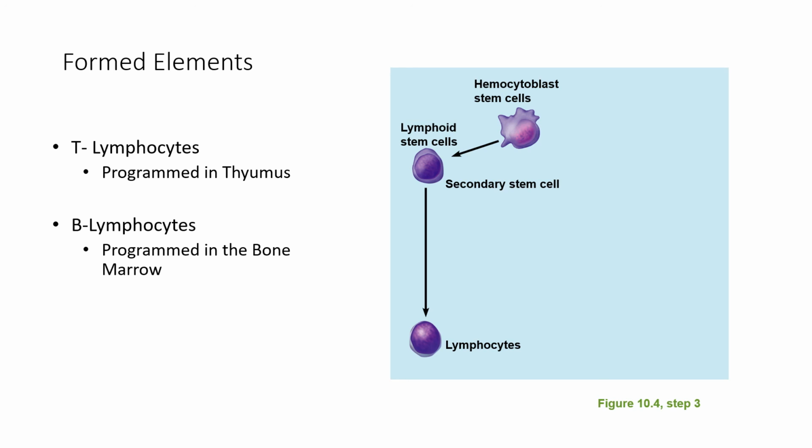And B lymphocytes are actually programmed in the bone marrow when you're an adult. So this is why babies will build their immune system up specifically with the thymus. And when you're an adult, you can start to get different vaccines or you have immunity to diseases later on. This is because the bone marrow actually programs your lymphocytes to fight off these different types of disease.